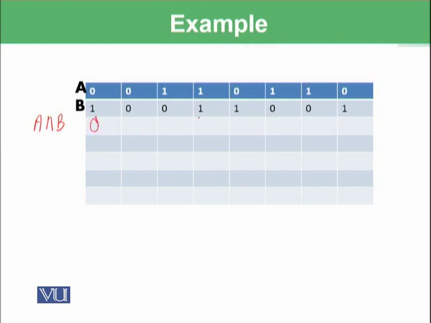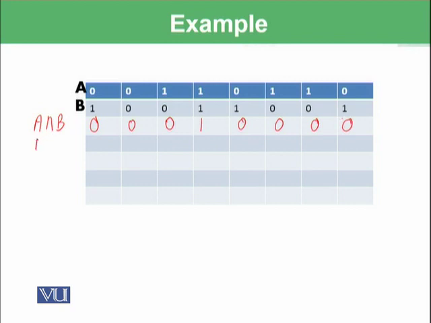We will put 1 on all such columns where both inputs are 1. So only here both inputs are 1, so we have put 1 here and all other outputs would remain 0, because in AND we have learned that both inputs should be 1.